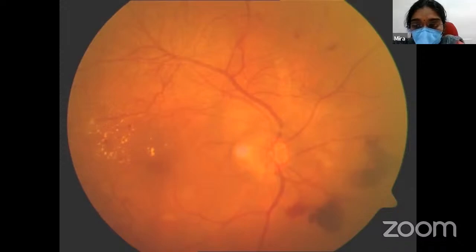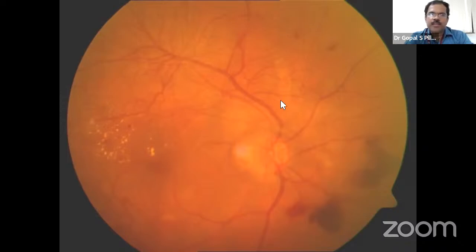Okay. So that immediately brings in what are the stages of proliferative diabetic retinopathy. We had discussed something called high risk characteristics. Yes. So what is high risk characteristics?